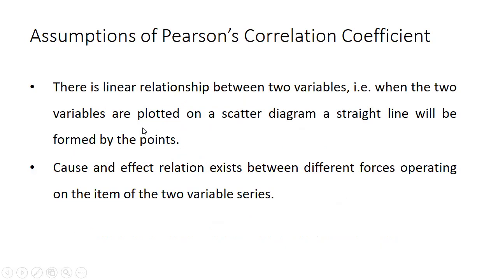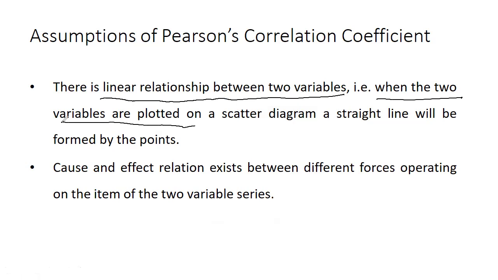Assumptions of the Pearson correlation coefficient. First of all, we should check that there is a linear relationship between the two variables. When the two variables are plotted on a scatter diagram, the points should form a straight line. It may be positive, it may be negative, but there should be a straight line.